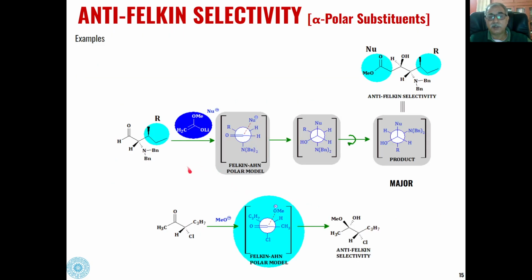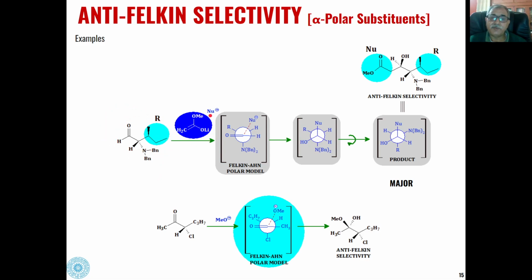Then a few more examples. This is the case of an aldehyde which is having this electronegative group present. Bn is benzyl, so the N-dibenzyl group is considered as the group which is responsible for the polar effect in the case of this substrate.